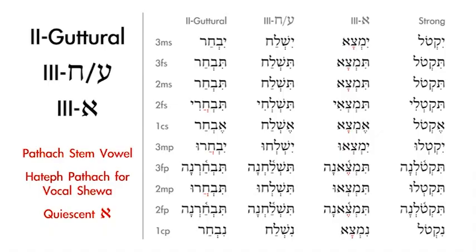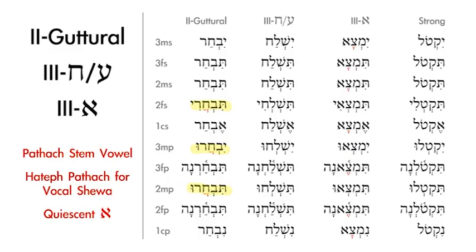But as long as you know the stem vowel is variable between O and A, you shouldn't have any trouble. You'll also observe that where you might have had a vocal schwa with some of these forms, you're going to have a hatef patach, like in the 2FS, 2 guttural, the 3MP, 2 guttural, and the 2MP, 2 guttural. In the third chet ayin category, all of the strong verb diagnostics remain except for the patach stem vowel.